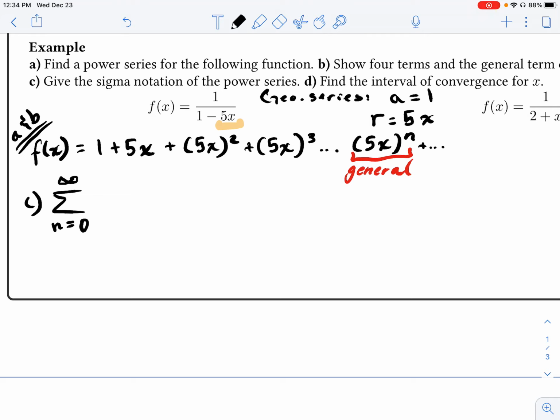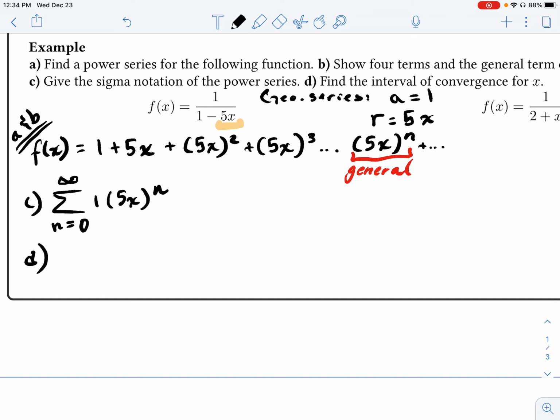I'm going to start with 0 since our first term was 1. So this is our a times our common ratio, 5x, raised to the n power.